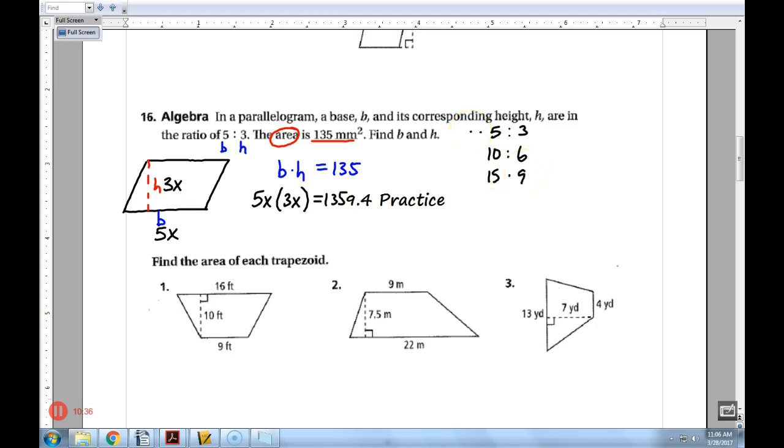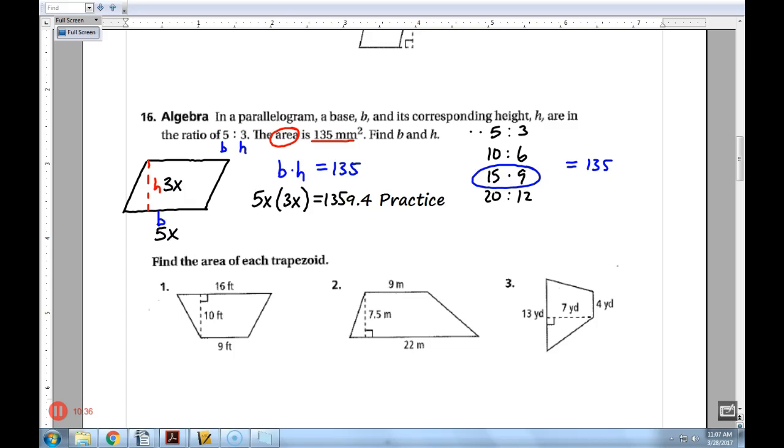We could multiply the top row by 4, and that's actually a 12. But these are all parallelograms that have the correct 5 to 3 ratio. And looking through the list, the only pair I think that comes out to equal 135 would be this pair right here. That comes out to be 135.